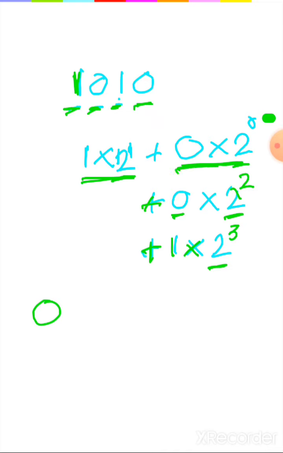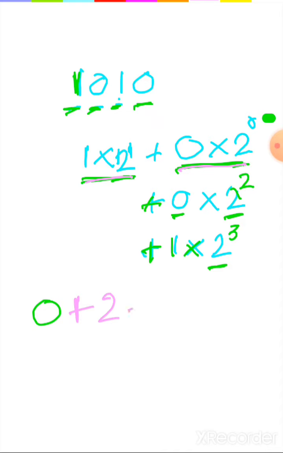So this expression will lead to 0. Plus, let us see this expression. 2 raised to power 1 is 2. 2 is multiplied with 1 and we get 2.